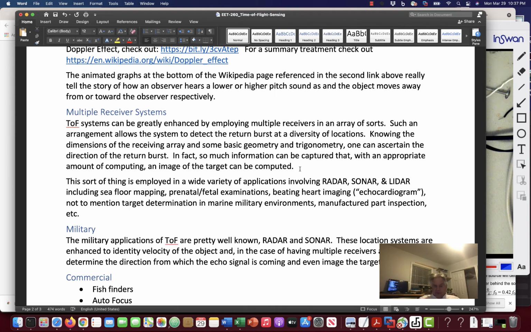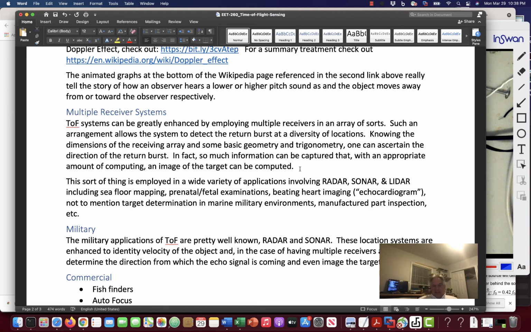And you could quickly triangulate where the target is. So many radar and sonar applications use an array of receivers and not just one.